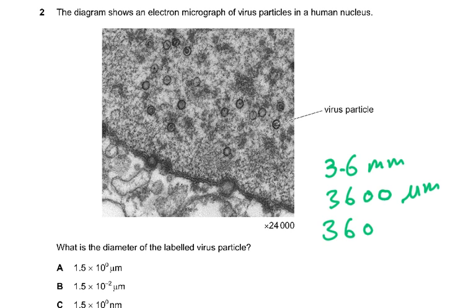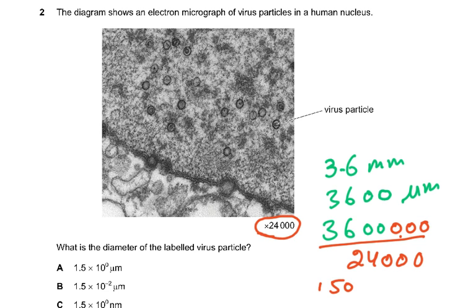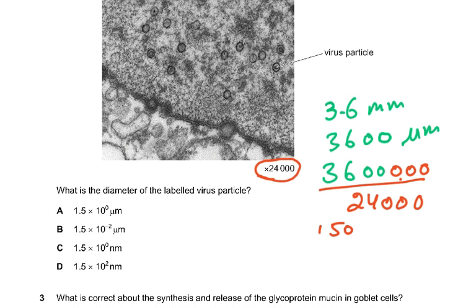And then you add another 3 zeros to it, and this would be nanometers, and then you divide it by the magnification, 24,000, and this is equal to 150, and that is why the answer was D, 1.5 into 10 raised to the 2 nanometers.